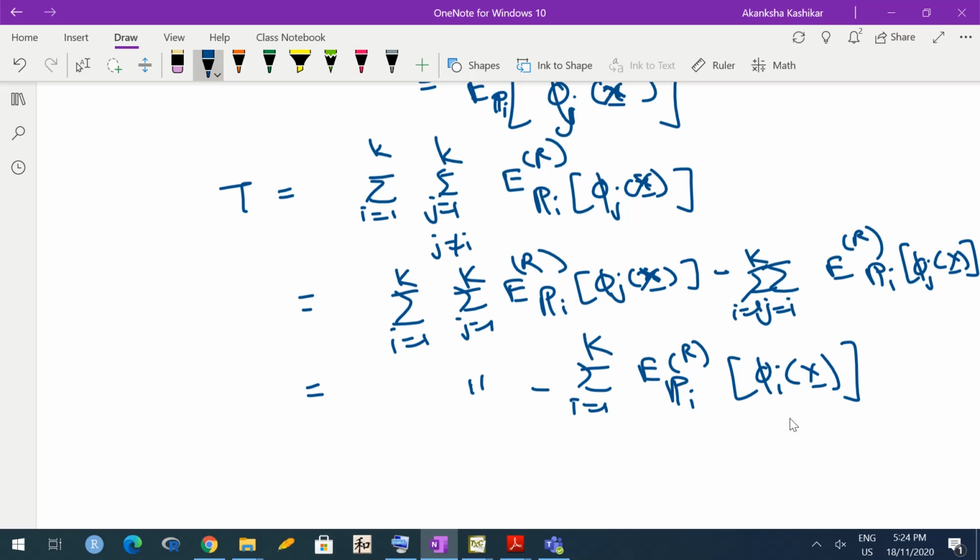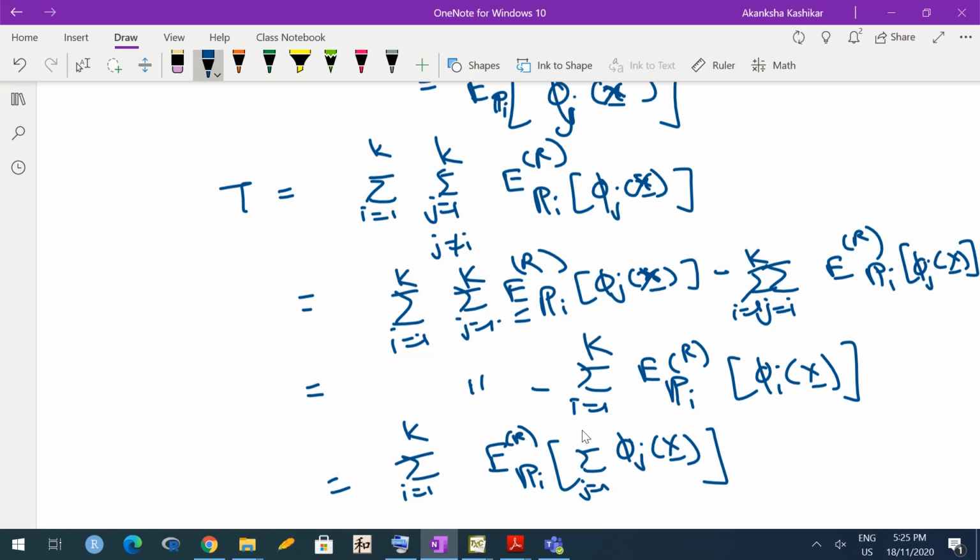Okay so far? And now let me focus on this term. These are two finite summations and I have an expectation. So expectation and summation can be interchanged. And as soon as the sum over j goes inside, it becomes the expectation of the sum over j of phi j. The sum over j of phi j is actually 1. We have already used it above. So this becomes the sum over i going from 1 to k of E_Pi of the sum over j going from 1 to k of phi j(X).